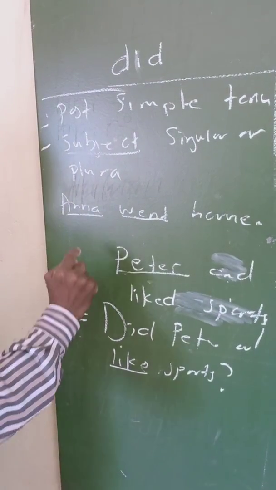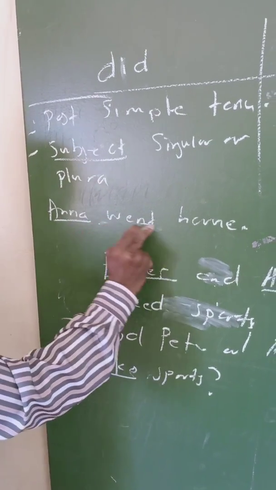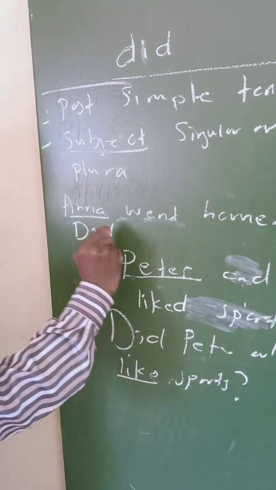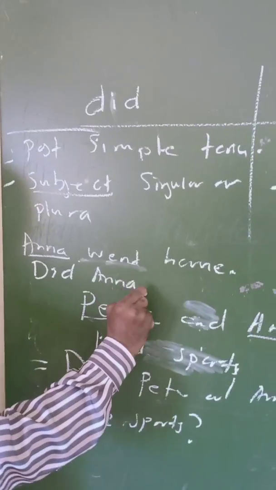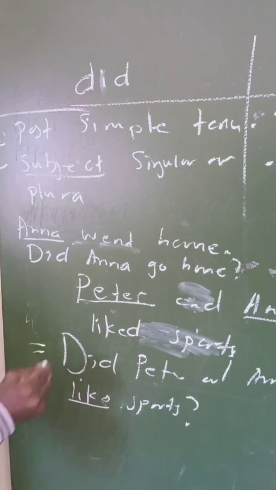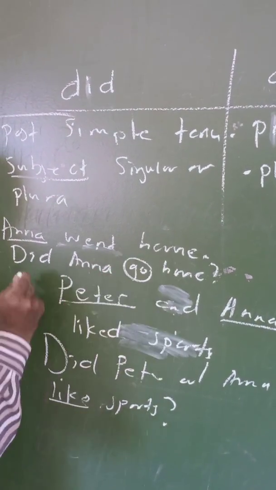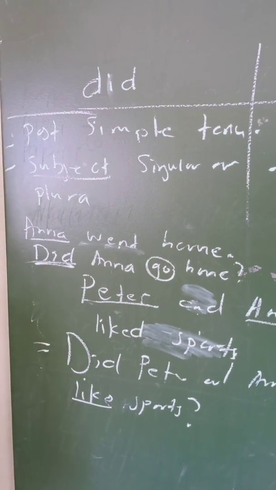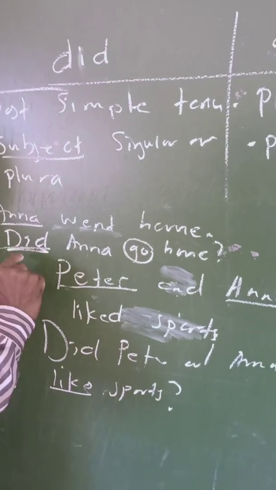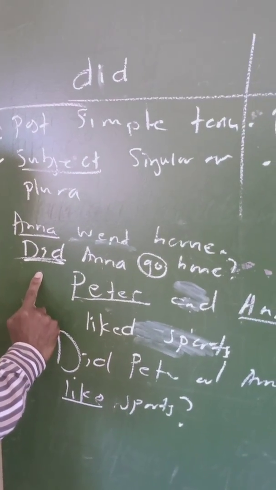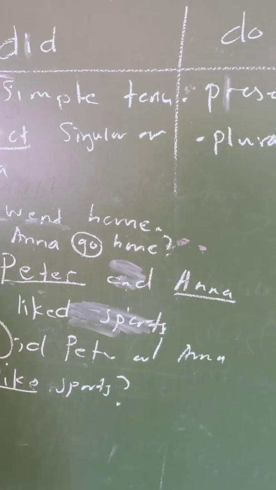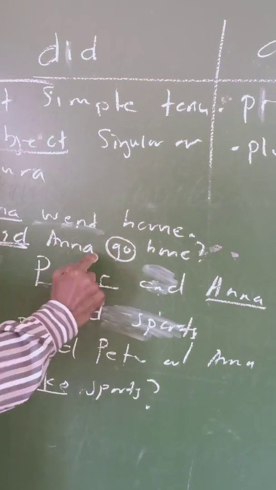So if you are given a sentence like this to change into a question form, you start with did. Did Anna go home? Question mark. This went becomes go in the present, because we are starting with did, which already shows the past. Then the verb which was in the past becomes present. So take note, that's how you use did to ask a question.